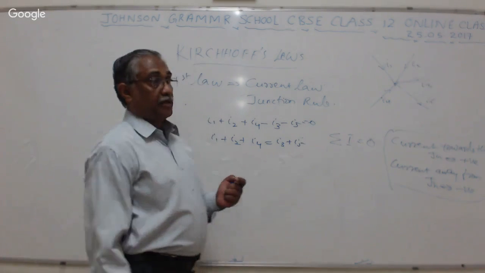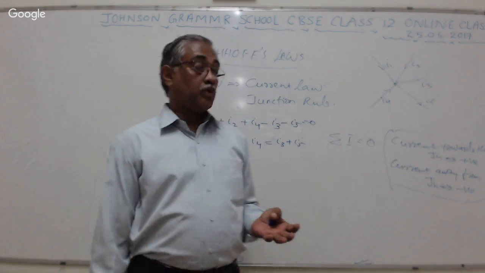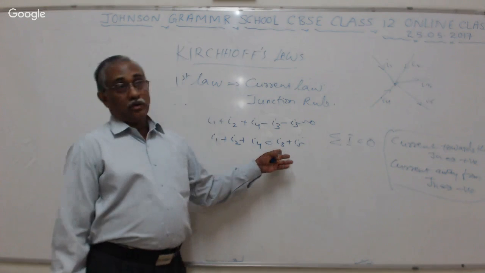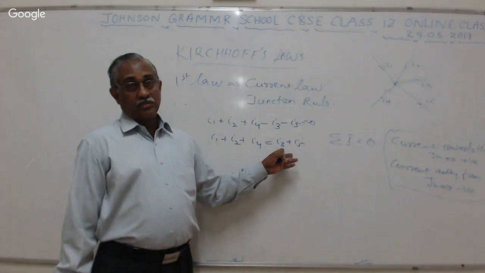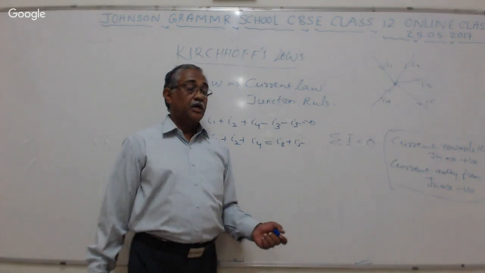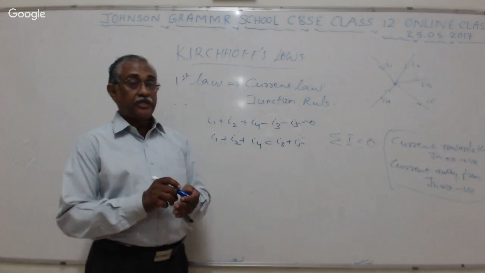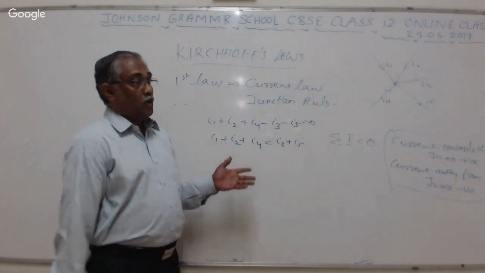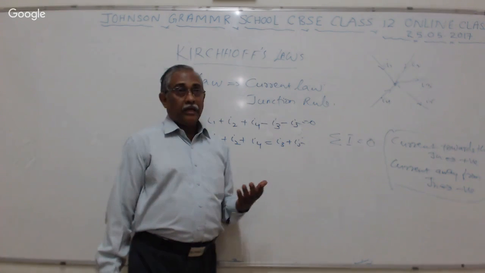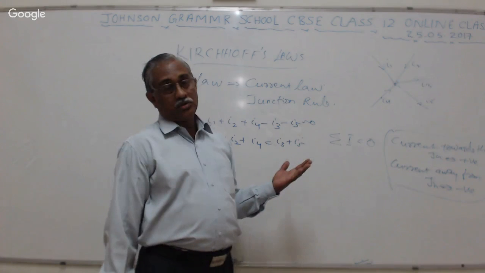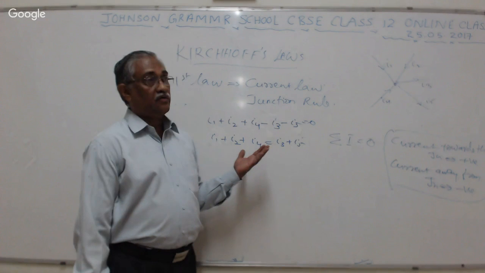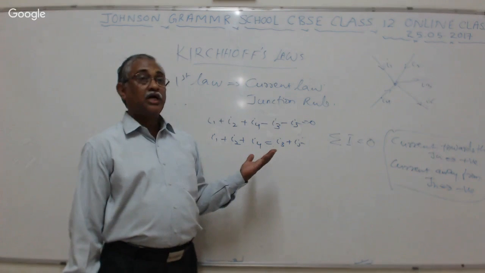This means the current coming to a junction is equal to the current going away from the junction. What we mean by this statement is that no charge is residing at a junction, no current is staying at the junction. Or we can say that it follows the law of conservation of charge.